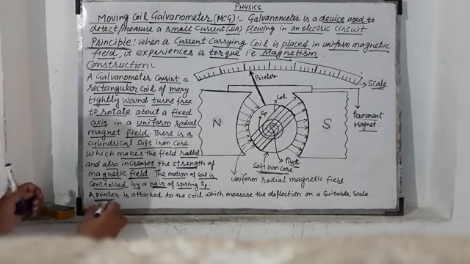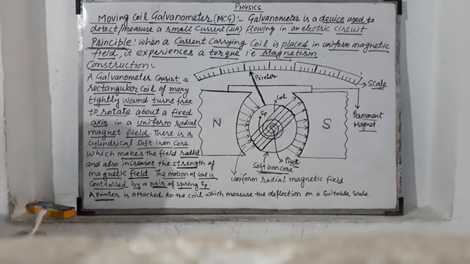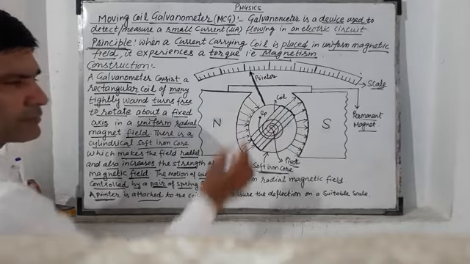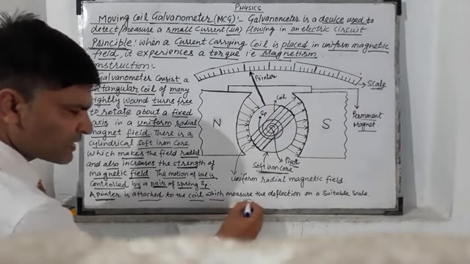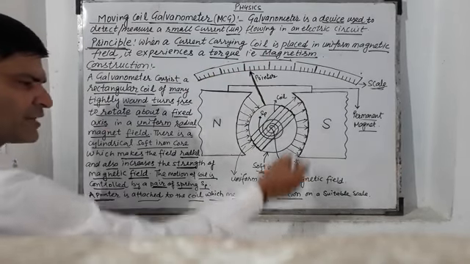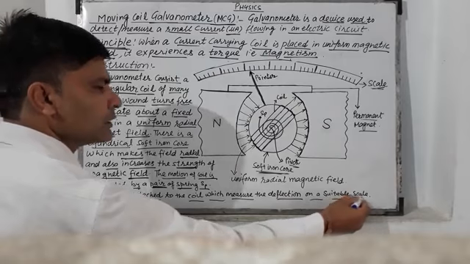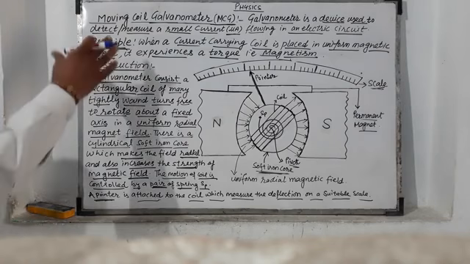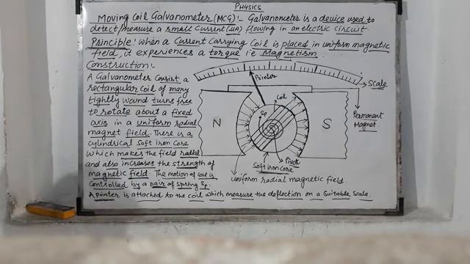A pointer, this is the pointer, is attached to the coil, which measures the deflection on a suitable scale. So this is the complete construction of the moving coil galvanometer.